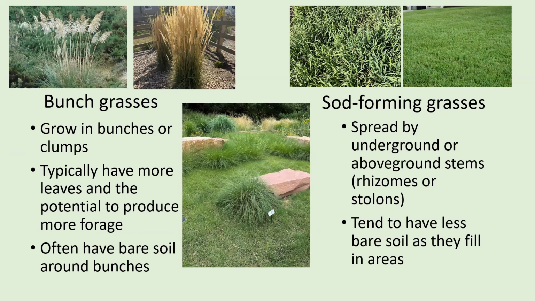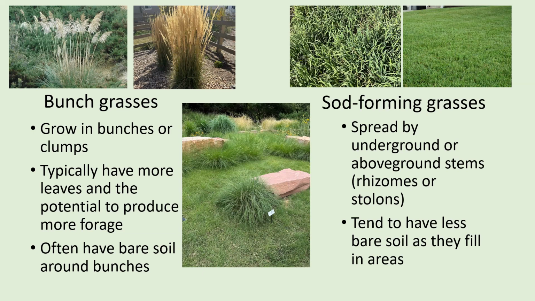And then our sod forming grasses spread by underground or above ground modified stems called rhizomes or stolons. Rhizomes would be underground, stolons above ground. They tend to have less bare soil and they can fill in areas pretty quickly because they're spreading through those stems. Some of the common ones are smooth brome, that you can see in that upper left picture. A lot of our pastures are dominated by smooth brome in the area.